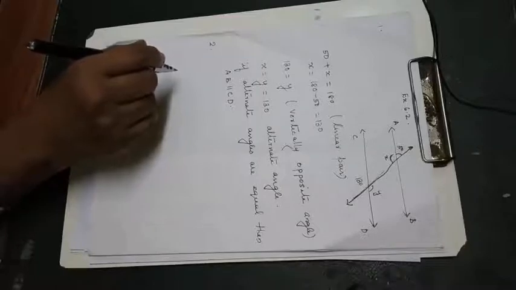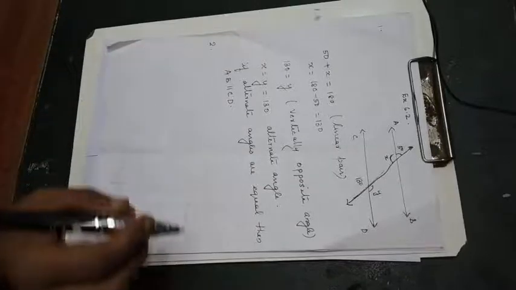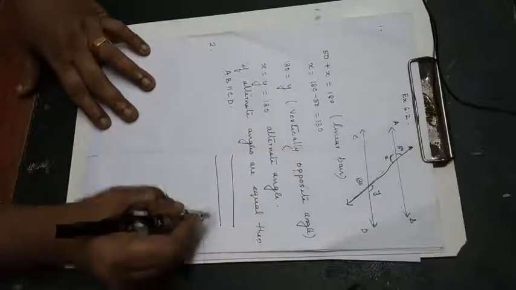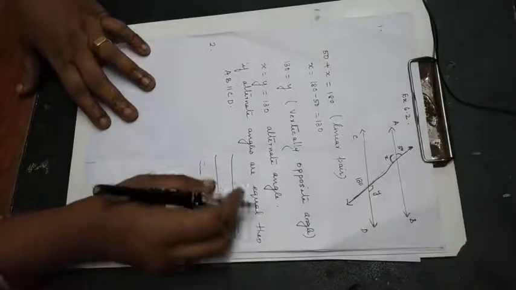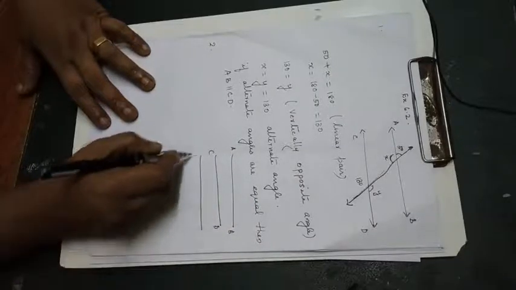Okay, second one. In figure 6.29, if AB is parallel to CD, CD is parallel to EF, and y is to z is equal to 3 is to 7, you are asked to find out x. Now see, three lines are given: AB, CD and EF.